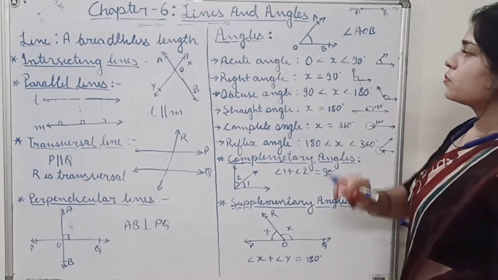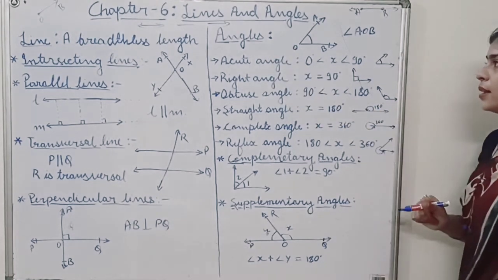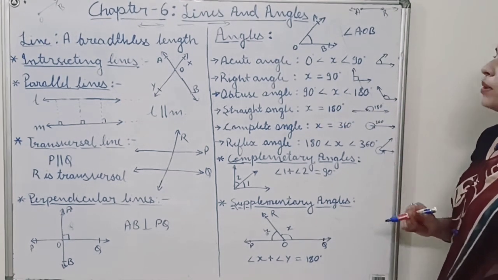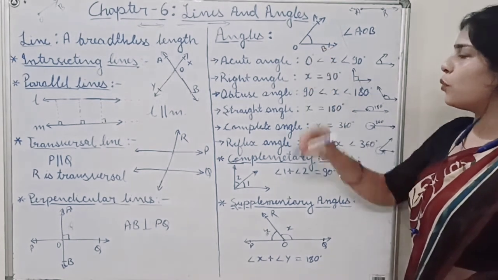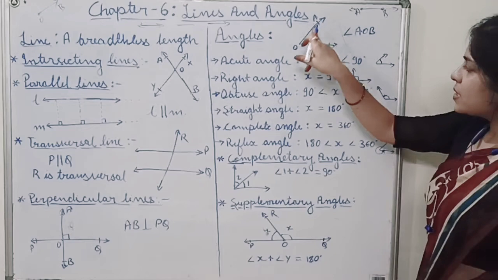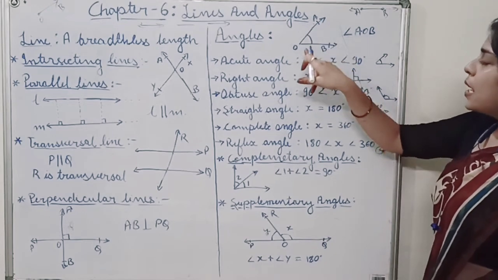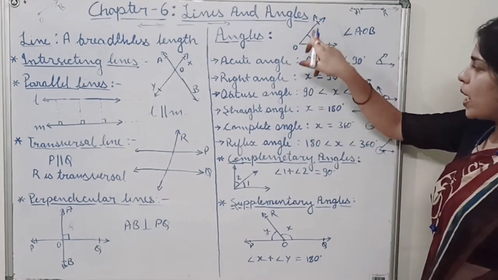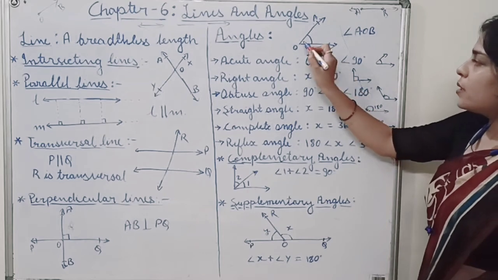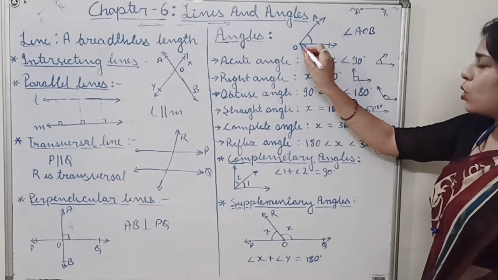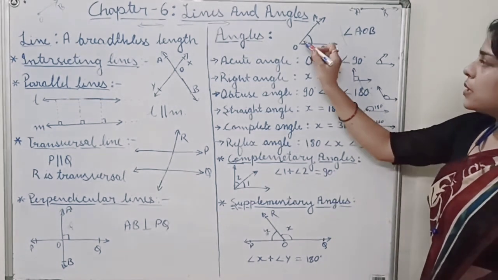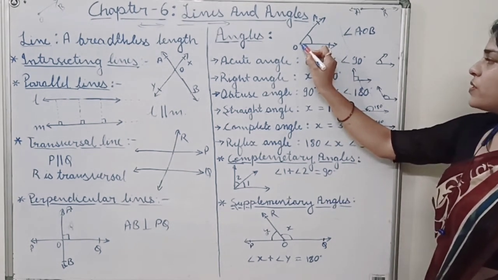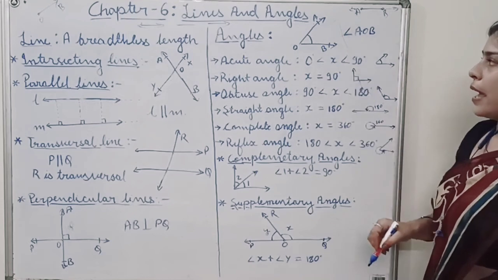Now, angles. An angle is a figure formed by two rays sharing a common vertex. Like this is an angle having two rays, OA and OB, and the common endpoint is O. This common endpoint is the vertex of the angle.